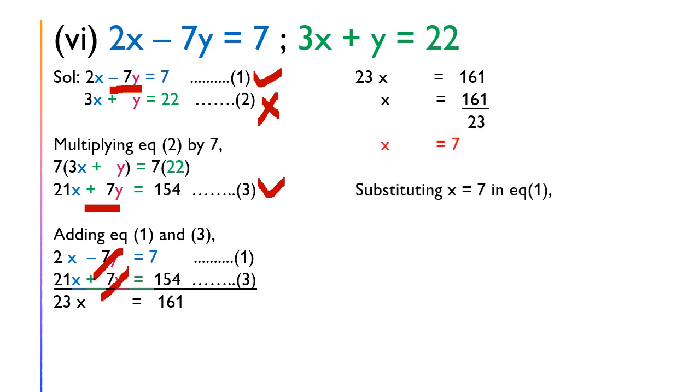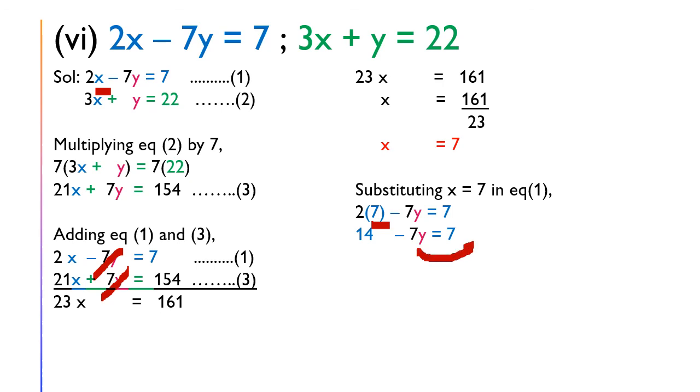And then we substitute the value of 7 in equation 1. So when we substitute it, let us see what we get. Here now, say 2 into x. Instead of x, I have written 7, and everything else is the same. So 2 sevens is 14 minus 7y is equal to 7. Now we want to find out the value of 7y.